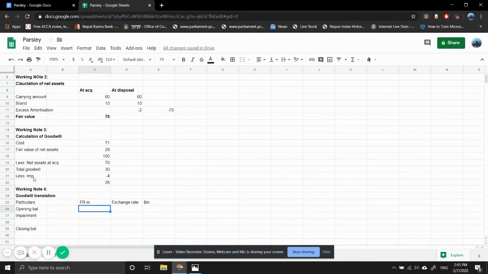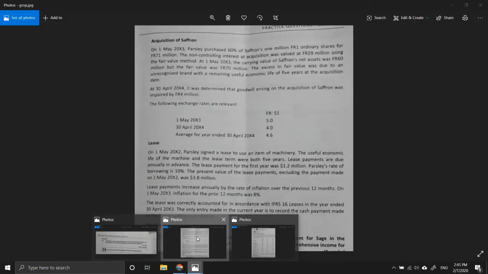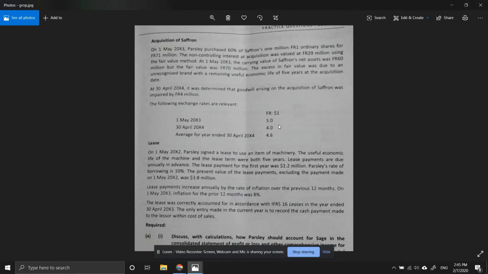So what's our opening balance? Opening balance is 30, right? And then our impairment is 4. And then this figure will be the same as this figure. And what's our exchange rate? So when did we acquire it? On 1st May, right? So 5, and then the average is 4.6 and 4.